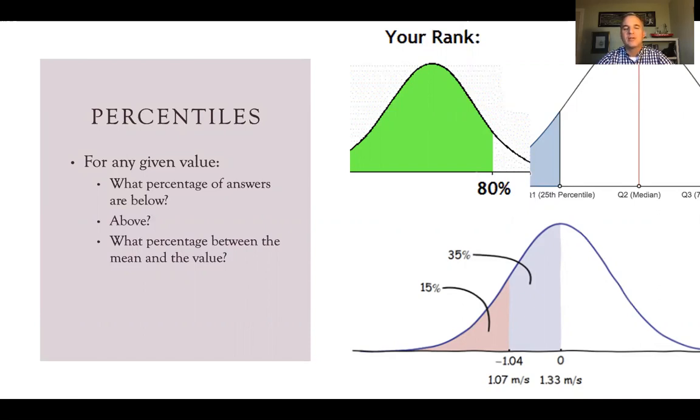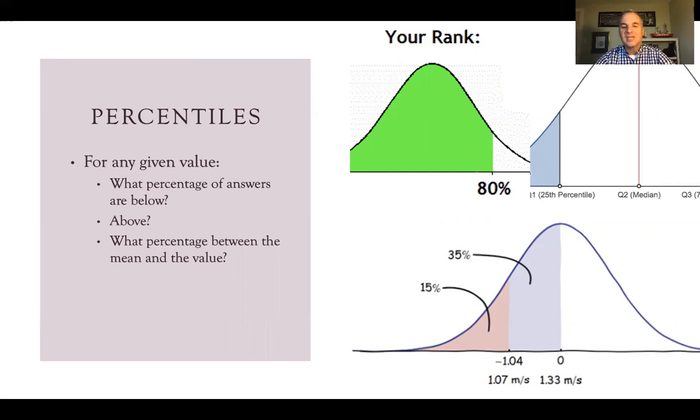So if we're thinking about a particular variable, and in particular, if we're thinking about the variable in a histogram and a frequency distribution, what percentage of responses are below a certain value, and we can know what percentage of the values are above a certain value, and how many are even between the mean and a certain value, especially when, if you recall, in the normal distribution, the mean and the median are the same number.